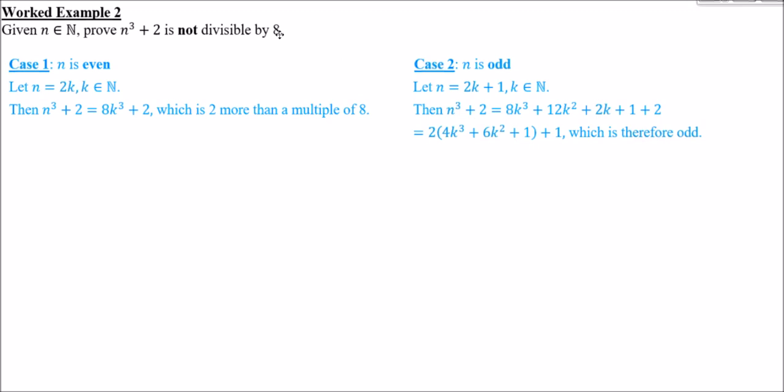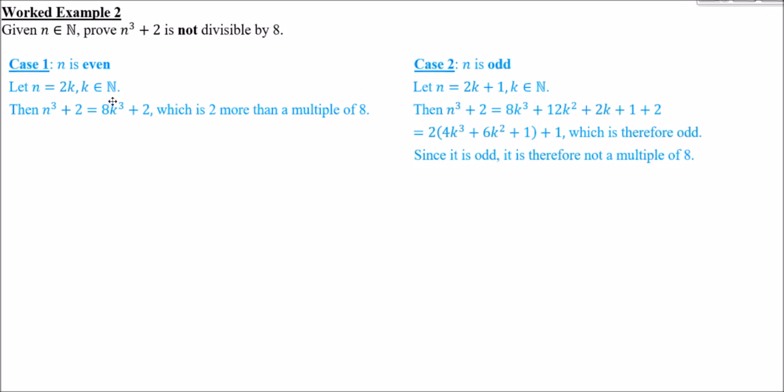But a multiple of 8 has to, by its nature, be even. So by factorizing the 2 out, I get this with a plus 1 at the end, which proves clearly that if n is odd, then this thing here will be odd as well. And if it's odd, it can't be a multiple of 8. So that case needs a bit more deep thinking, but again it comes out cleanly.